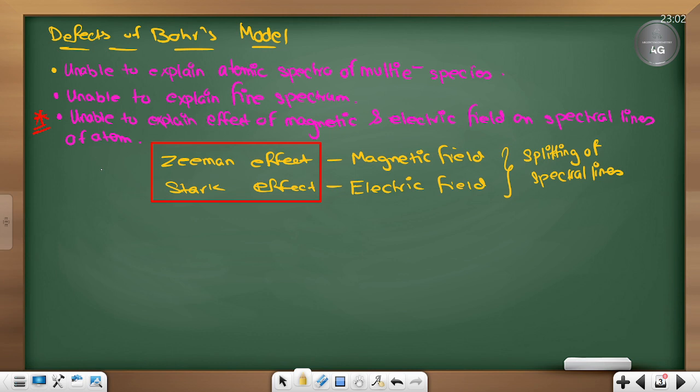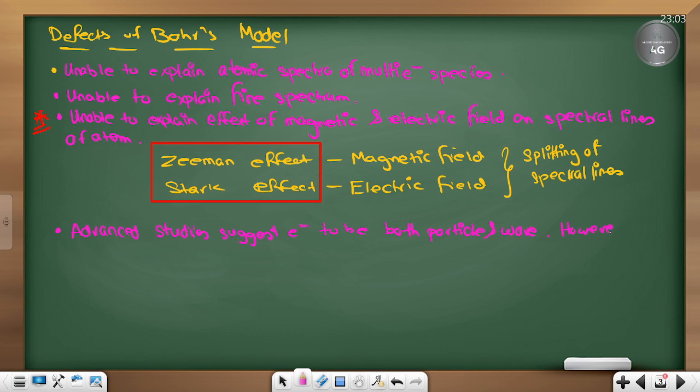Clear? So the next demerit we will write as: advanced studies suggest electrons to be both particle and wave.